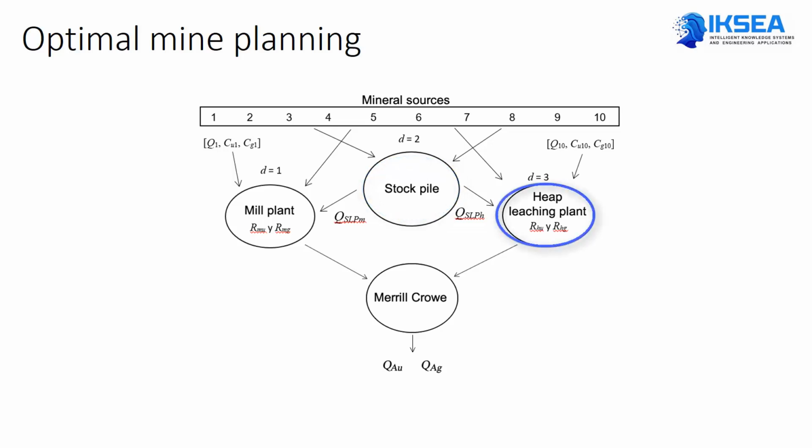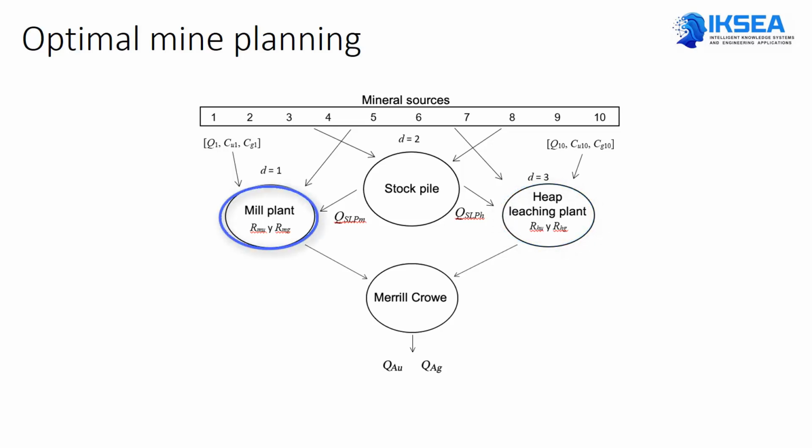The heap leaching plant has a recovery of around 50% and a high processing capacity, in this case 100,000 tons per month. It is a low-cost process.